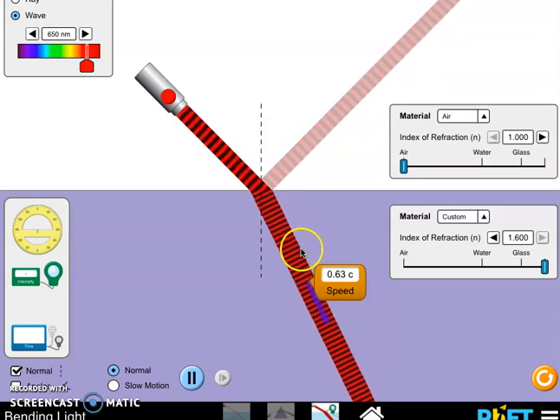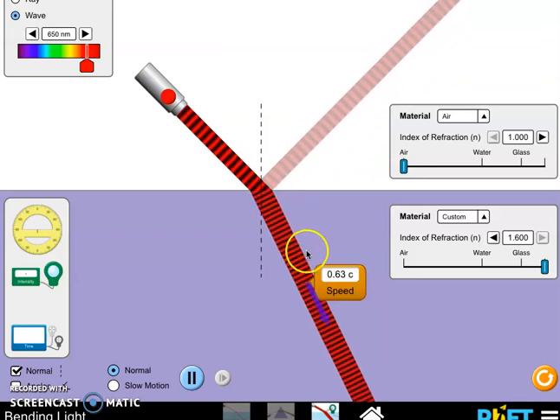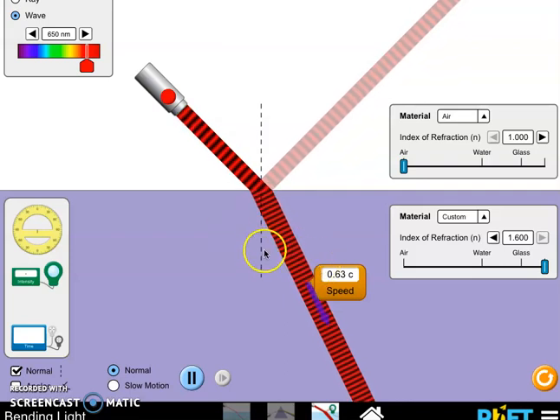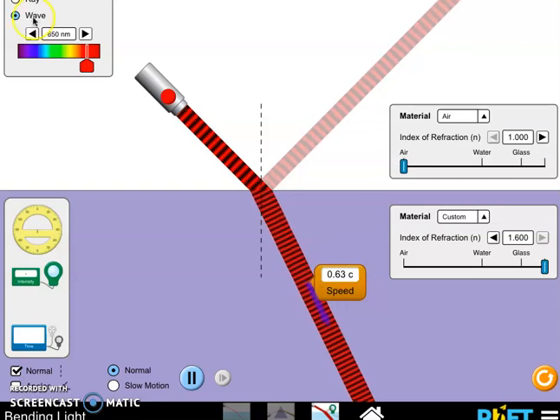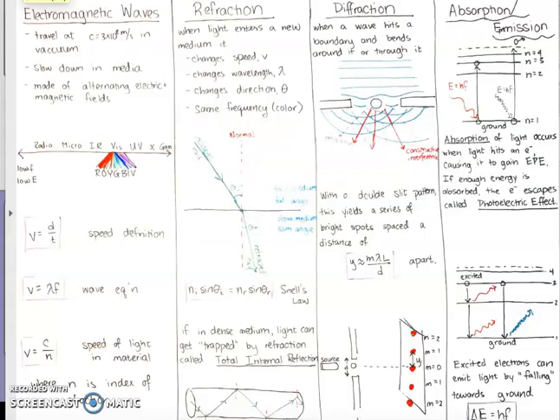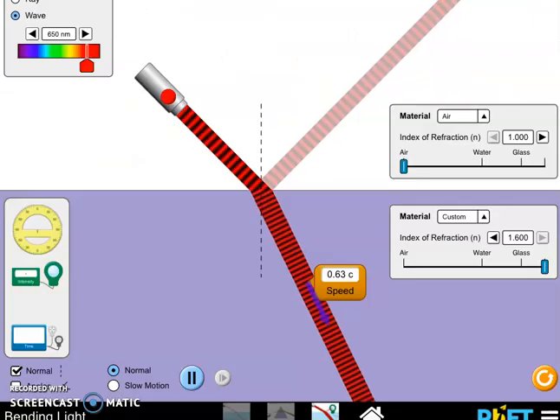Notice the different distance between subsequent crests in this picture. In this case, because the crests are closer together, the wavelength is smaller. Another thing to notice is that the frequency of light doesn't change. The speed and wavelength change, so the frequency stays the same. But guys, that should be inherently obvious.